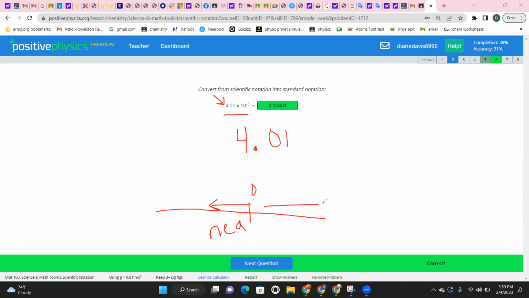And positive numbers are to the right. So if it has a -3, we're going to move it to the left. 1, 2, 3. Well, what do you put here? Well, there were no significant digits given, so we just put zeros. So that's how I got that number there. I moved the decimal point over 3 times.